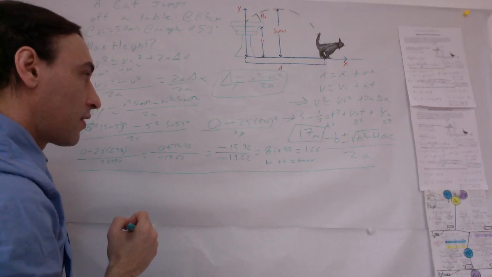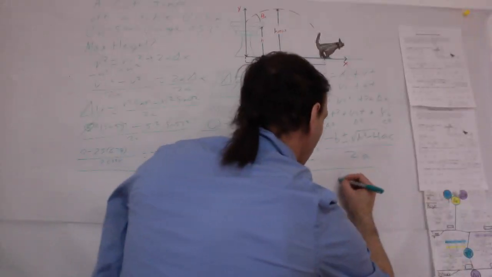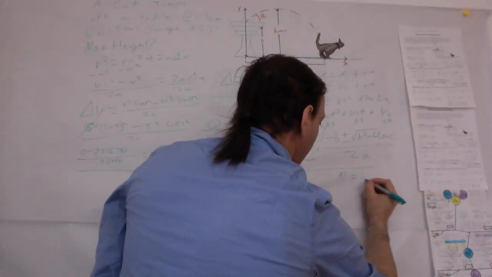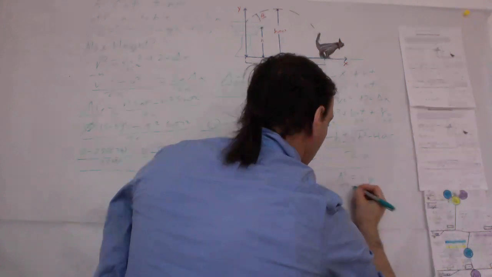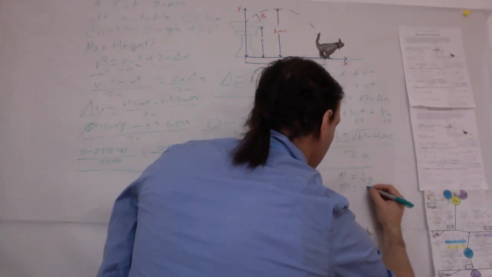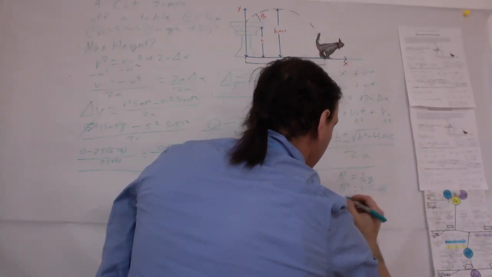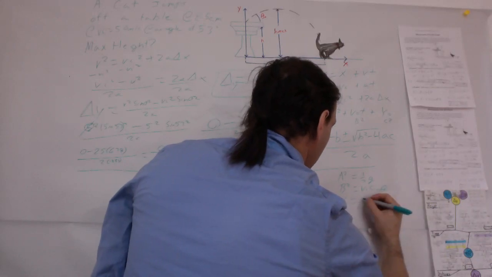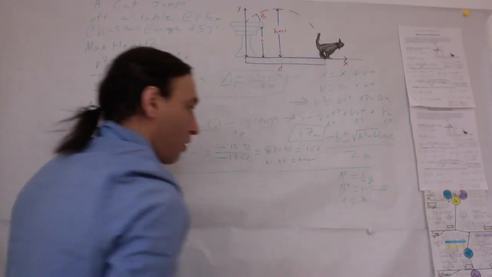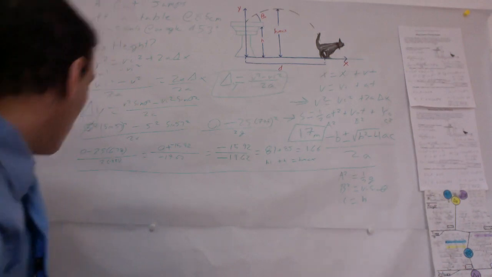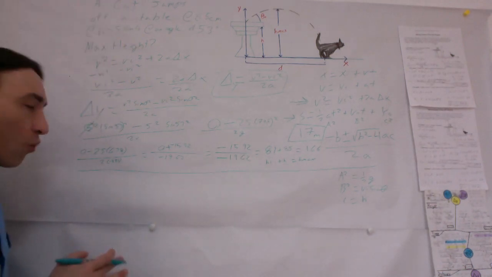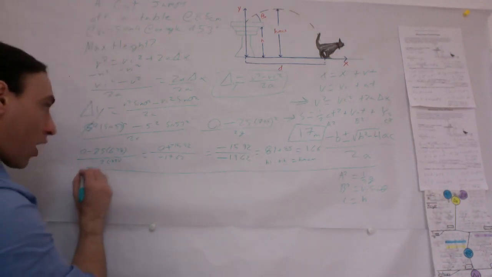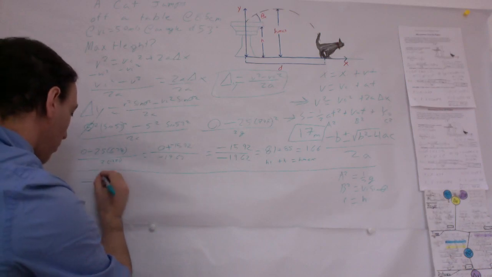So let's start solving. And remember, this is at an angle. So a is going to be half g. b is going to be v initial sin theta. And c is actually going to be the h, which is the height, which we know is going to be 0.85. So I'm going to start plugging in the information I know.